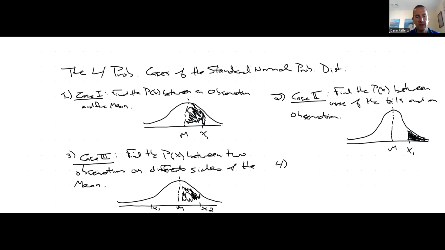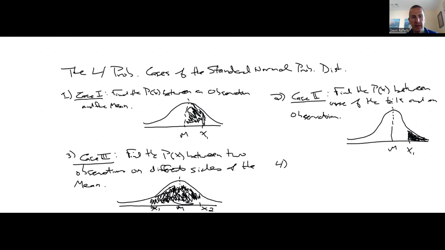We want to find, between x1 and x2, this area and that area, okay? So we're trying to go from x1 to x2. We have to find this whole shaded region, okay?